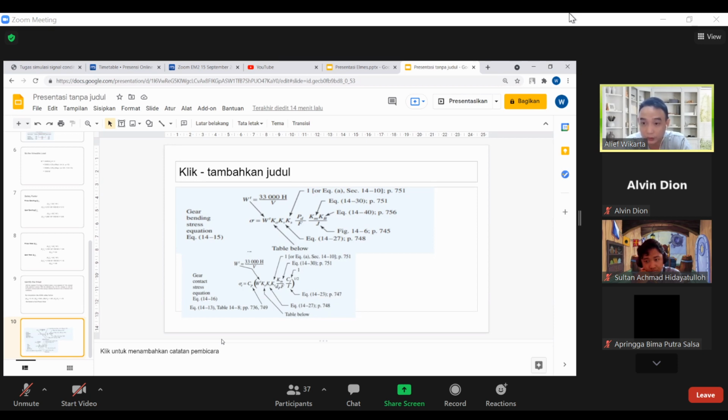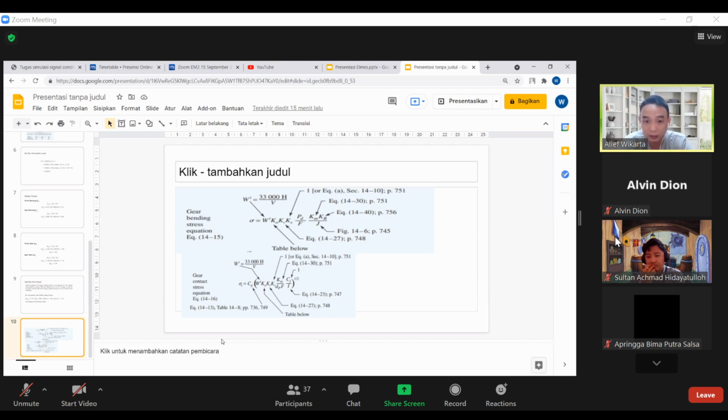Sigma is equal to something. Because we already include the overload factors in the sigma equation, when we consider WT, I think we cannot use the KO in the WT equation.